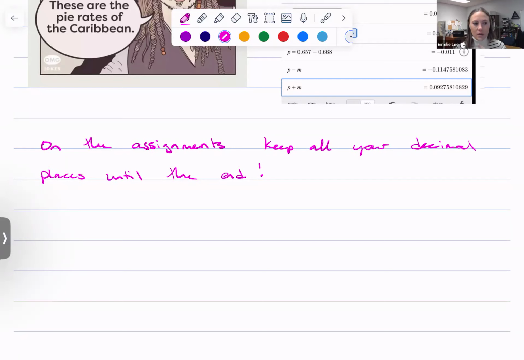Because you're working online, you'll be able to just use those spreadsheets. You would just have to change your p hat, your number of successes maybe, and your n, and it should cascade through the spreadsheet. So that might be a nice tool to use.